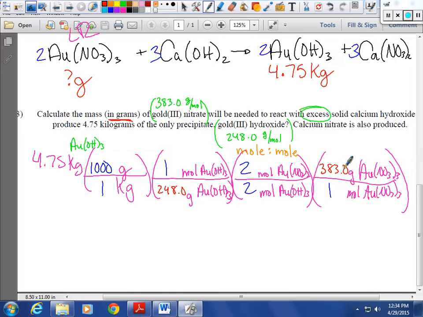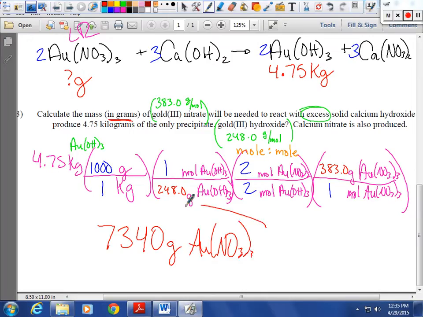Somebody give me the answer in 3 sig figs, please. How much? That's right. 7,340 grams of AuNO3. 7,340 grams, which is a lot. It's a whole lot. Okay? So 7 kilograms, which is a lot.